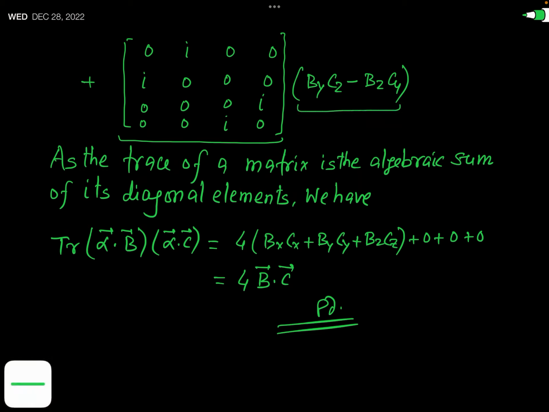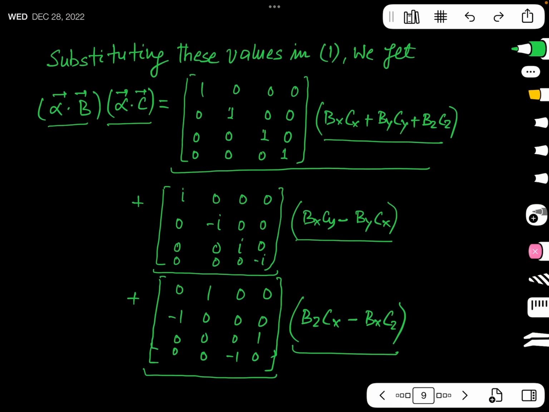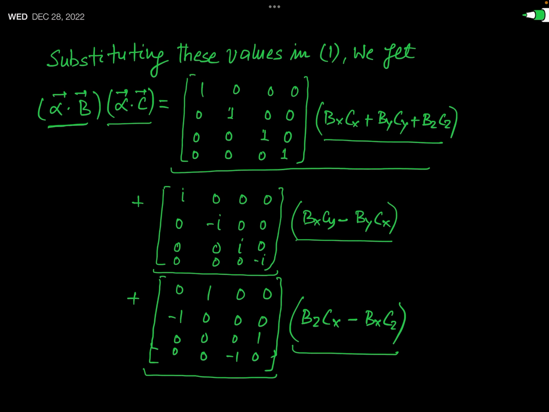And this is equal to alpha dot b times alpha dot c. But in our problem, we have to evaluate the trace of this. So when you take the trace, what will be the result? Trace of a matrix means the algebraic sum of the diagonal elements.